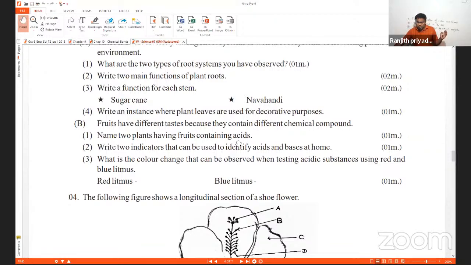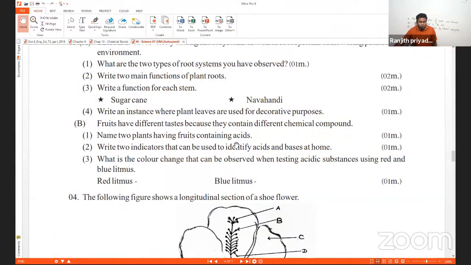Lime is not a fruit in the everyday sense, but in science, all the products of a plant that cover the seed are fruits. So the seed is covered by a fruit. It does not need to be a fruit in the sense of something sweet to eat. Sir, is tomato a fruit?